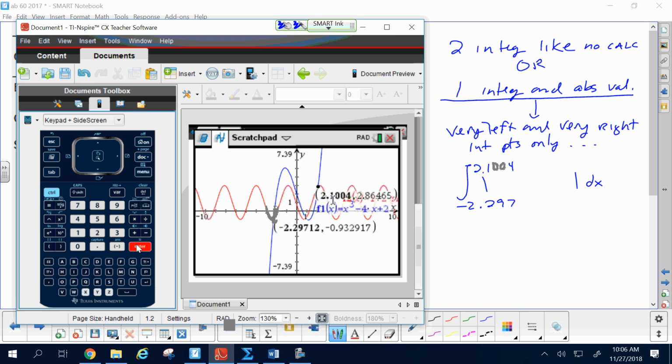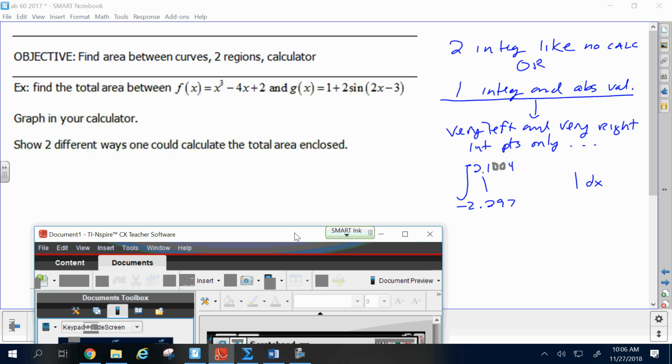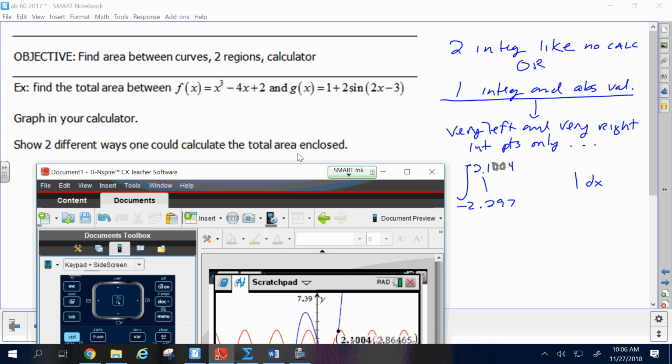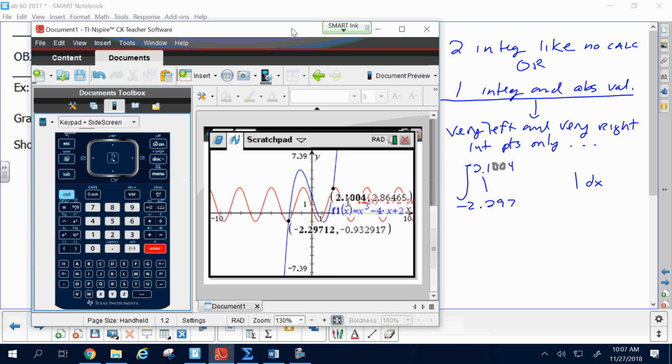So because it's absolute value, it doesn't even matter which one you put on top. Are these labeled with F and G? So I'm just going to use F minus G in here. Because they have names, you can use those names. And just throw that into your old calculator.